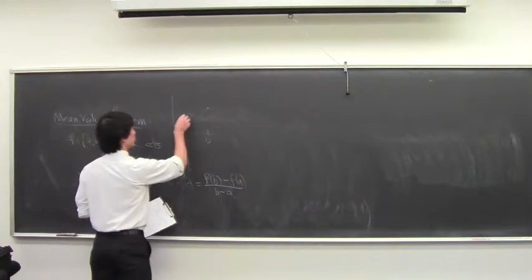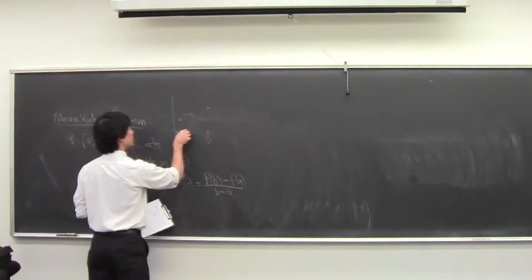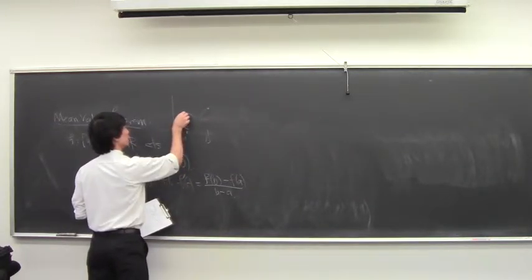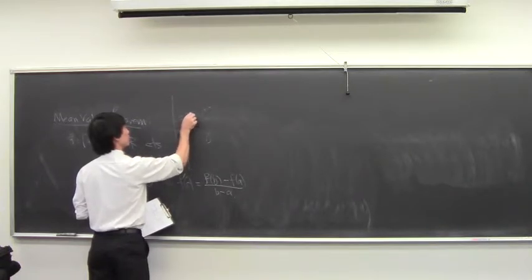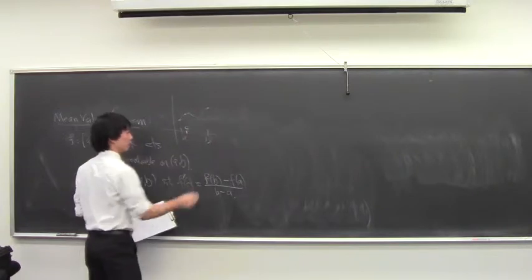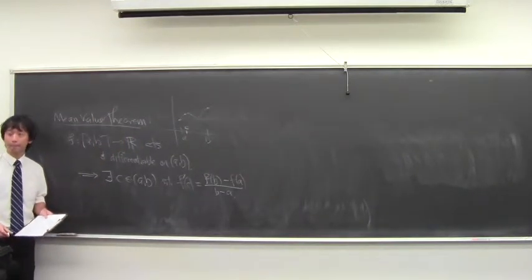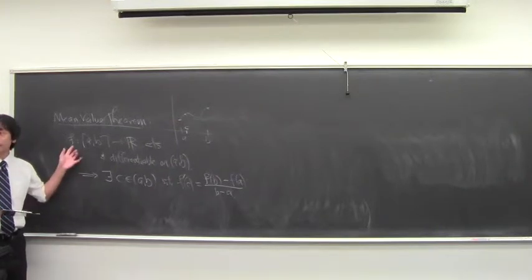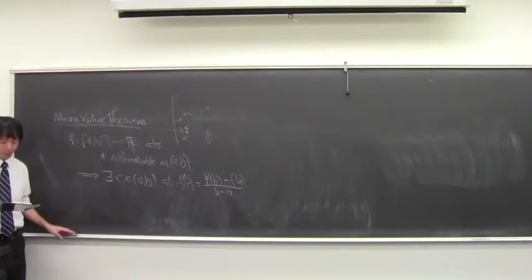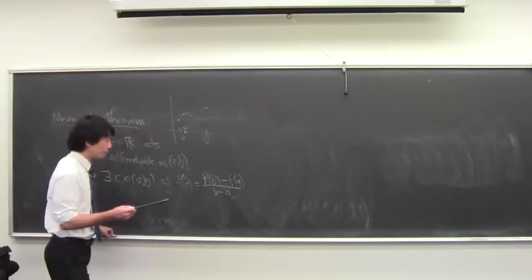There's a place c where the slope of the tangent line at that point equals the slope of the line through the endpoints. And we finished up last time with the proof of this.